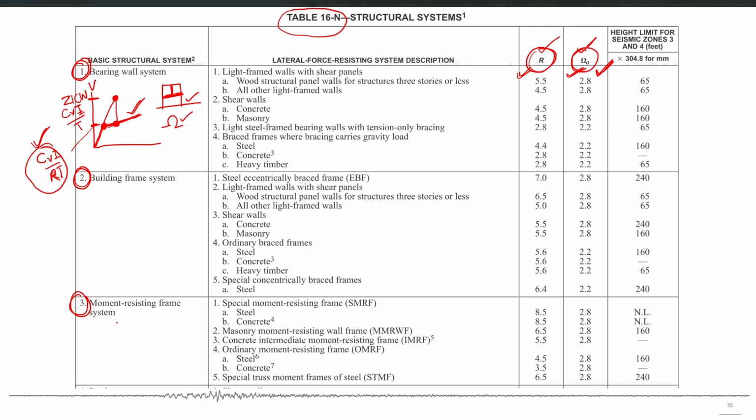The moment resisting frame system is classified further as the special moment resisting frame, and for those frames you are allowed to have a very high value of R, which means they are very ductile frames. So R value is 8.5, which means that you are allowed to reduce the elastic forces by a factor of 8.5 if your moment resisting frame qualifies for the special moment resisting frame system.